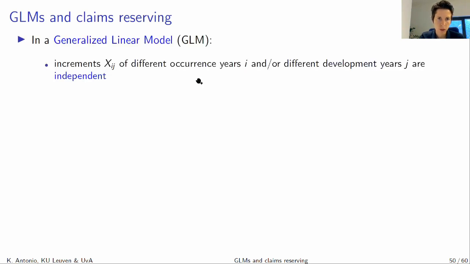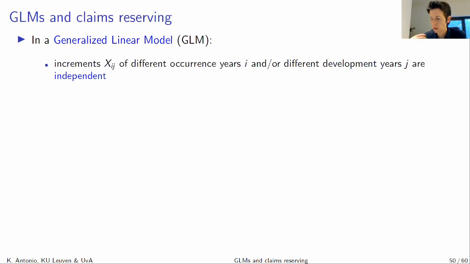So first of all, remember what we're going to use in this generalized linear model setting: we're going to work with the incremental data, the xij's, and we're going to assume, if we're building a generalized linear model, that the increments xij from different occurrence years i and from different development years j are independent.